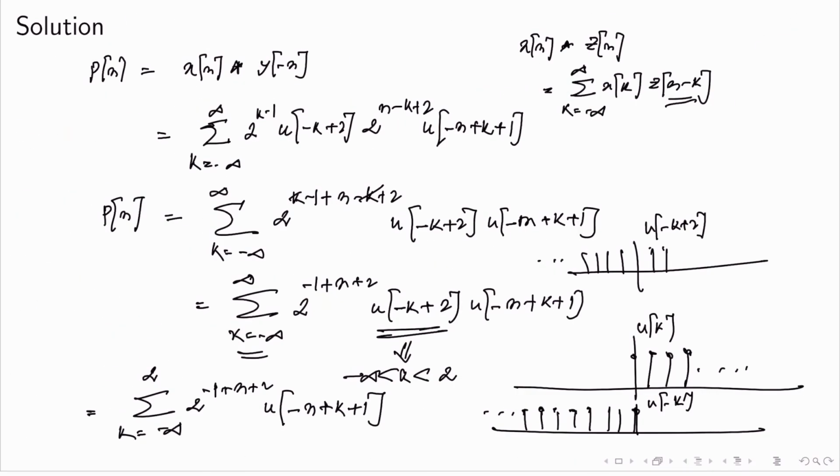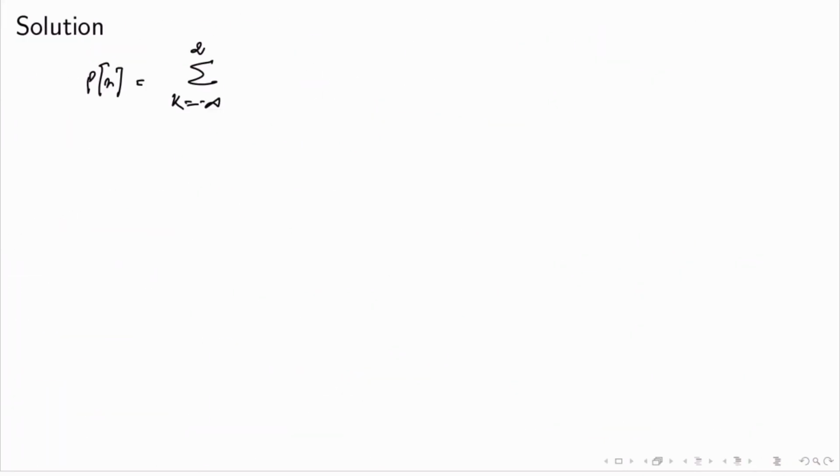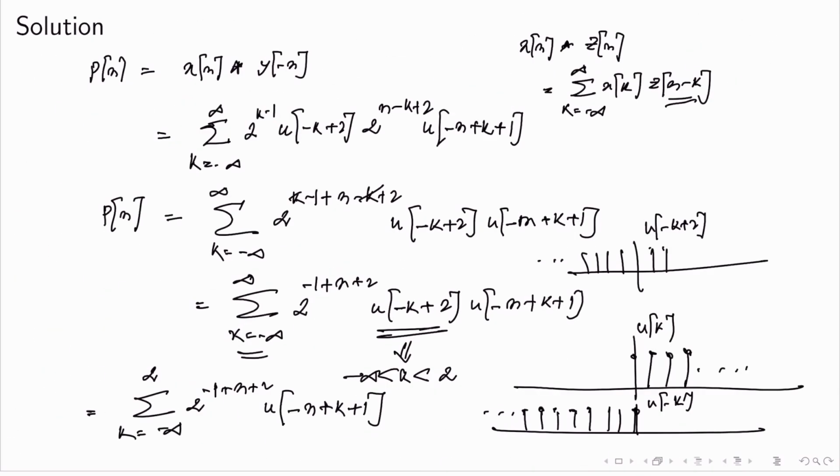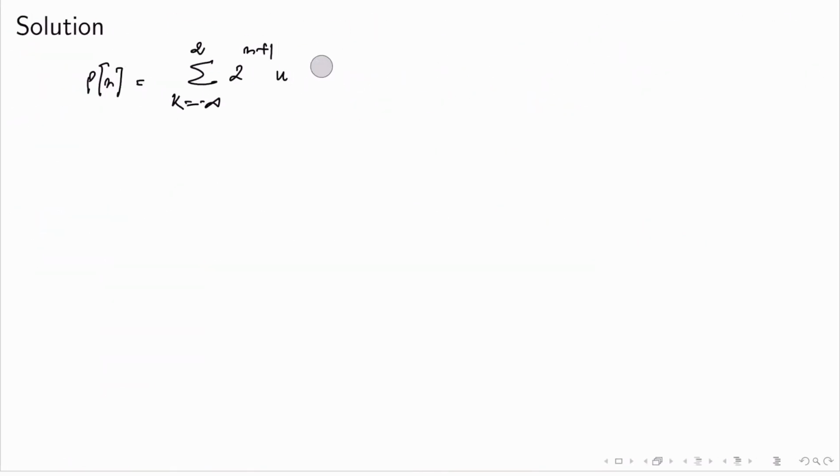So I'm writing down here again, p of n is equal to the summation over k from minus infinity to 2 of 2 to the power n plus 1, u of minus n plus k plus 1.